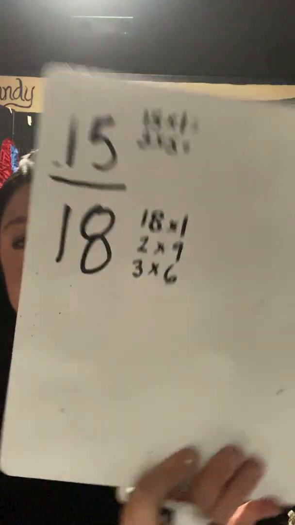What about 18? 18 times 1 is 18. 2 times 9 is 18. 3 times 6 is 18. That's it. Those are all your factors of 18.